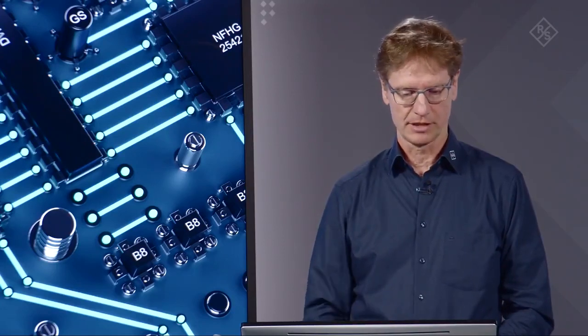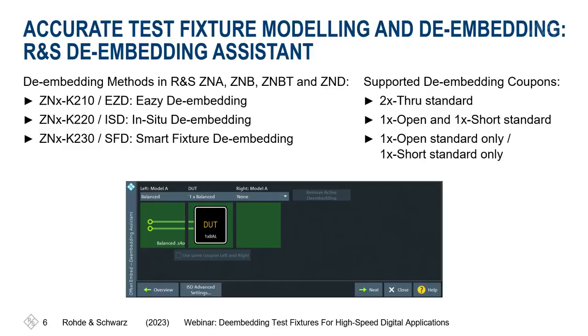How is it implemented? Typically, this test fixture characterization is being done with network analyzers. How is it implemented in the Rohde & Schwarz network analyzers? You see here we have 3 different options. In this webinar, we are going to use the option K220 ISD. You also see the different de-embedding coupons that can be used: a 2x through, 1x open, 1x short as a combination, and 1x open and 1x short separately.